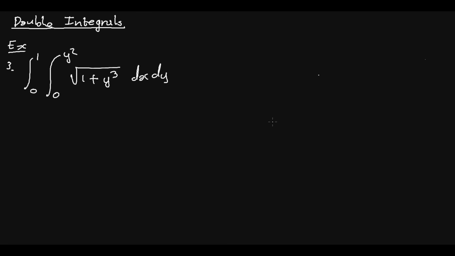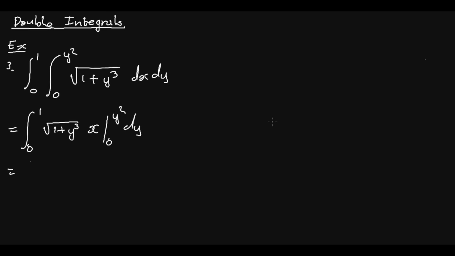As we can see, it's 0 to 1. This whole integrand seems to be just a constant because our integral is with respect to x. So let me just rewrite it. 1 plus y cube times the integral from 0 to y squared dx, dy.